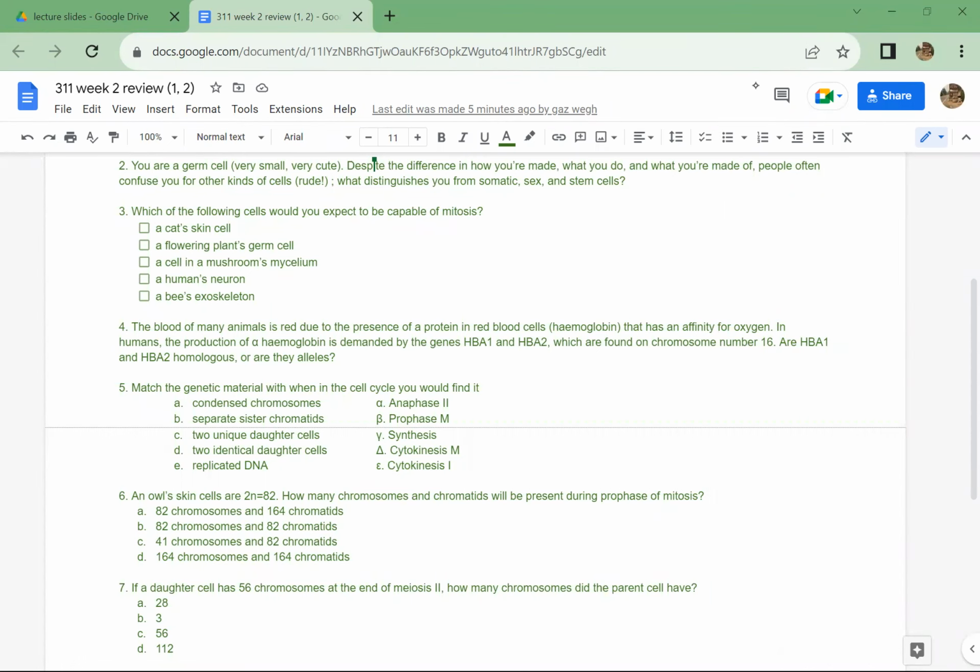Germ cells use meiosis to create sex cells, and somatic cells use mitosis to replenish themselves. So the trick to this question is just being able to identify what is a somatic cell and what is not. So a cat's skin cell, I would say that is a somatic cell. Skin belongs to the gross body, and therefore it undergoes mitosis to replenish itself.